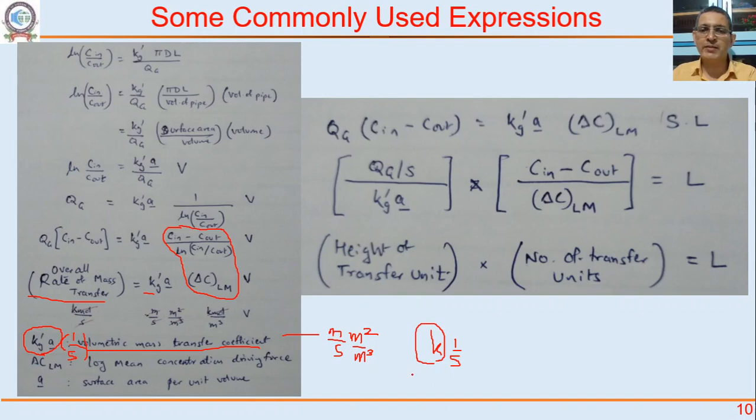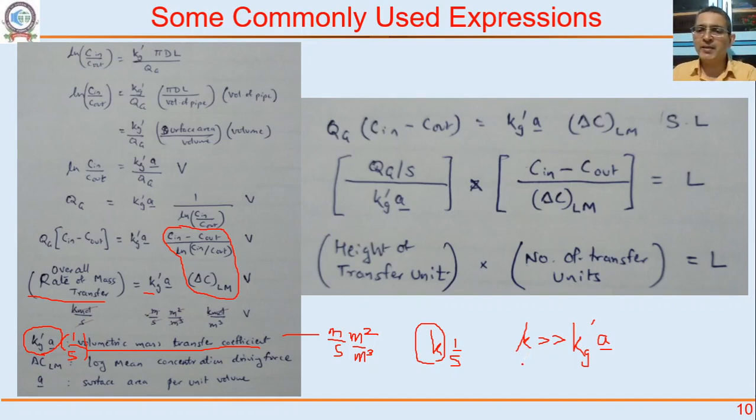If the rate constant is very, very large as compared to kg prime A, then we will have the situation where the concentration at the surface is 0.